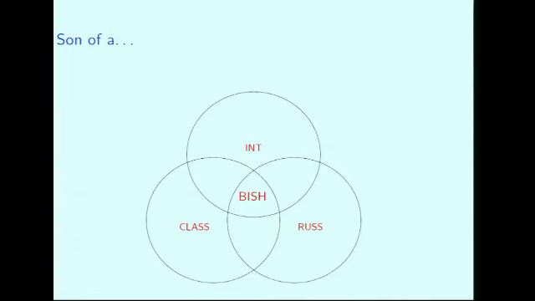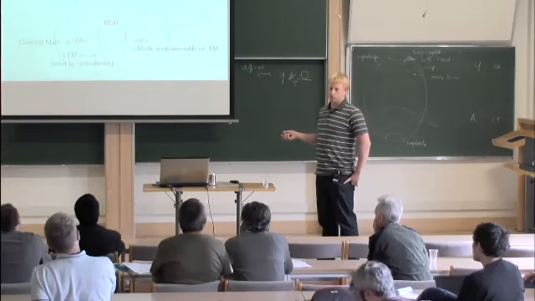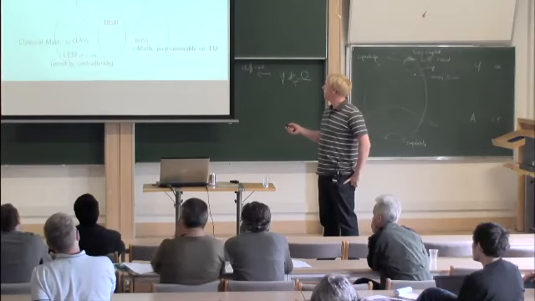Let's take a look at the computational landscape first. As Andrei was talking about, recursive mathematics, RUSS, named after the Russian Andrei Markov, is essentially all the math you can do on a Turing machine. Classical mathematics, CLASS, of course, has as its distinguishing feature the law of excluded middle, which allows us to do proof by contradiction.